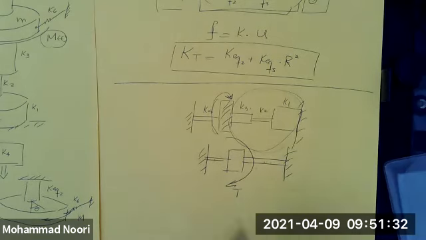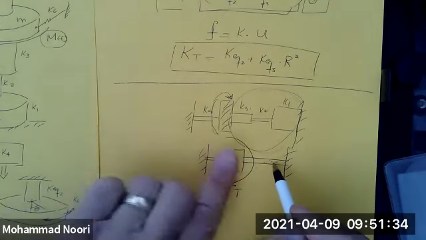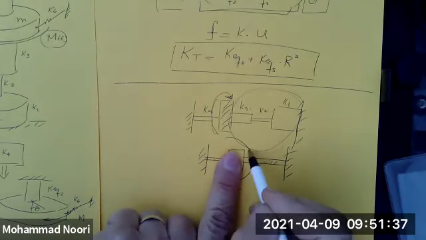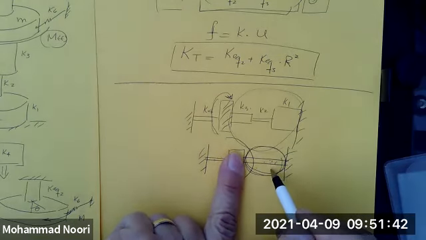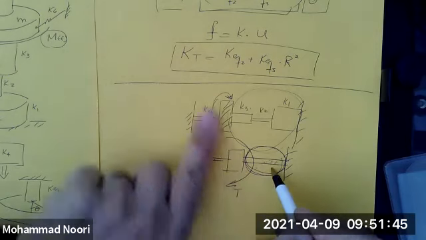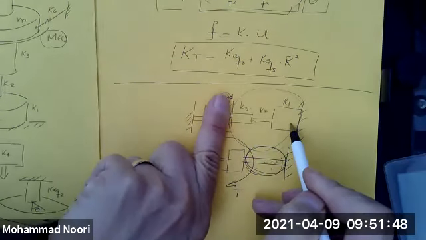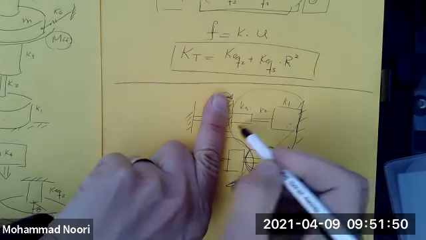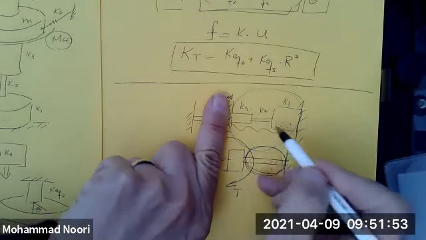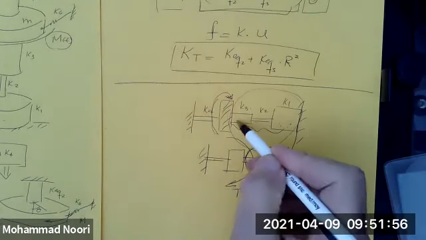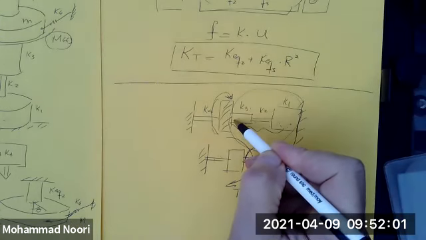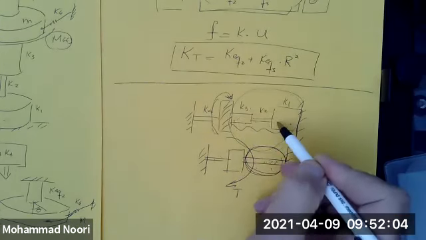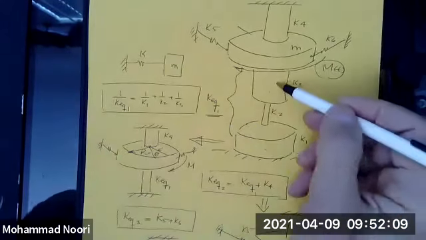But as far as this is concerned, the whole piece is subjected to one force. It happens that this piece is made of these three components, right? So what I'm saying is all of these components experience the same force. Since all of them experience the same force, the concept of summation of springs tells me these are in series. That's how I came up with the equivalent stiffness for these three.